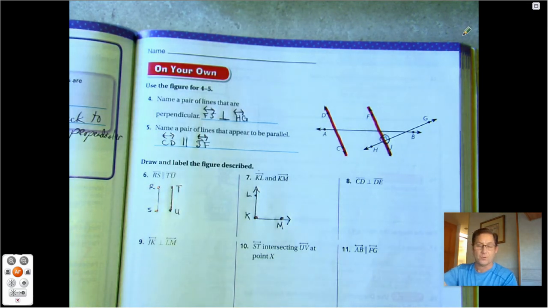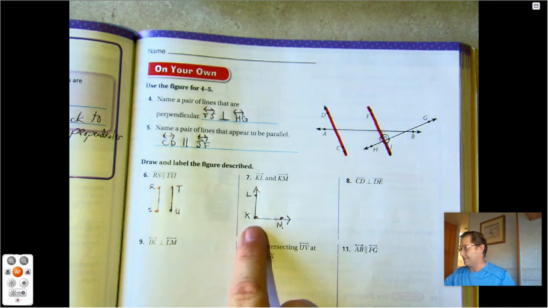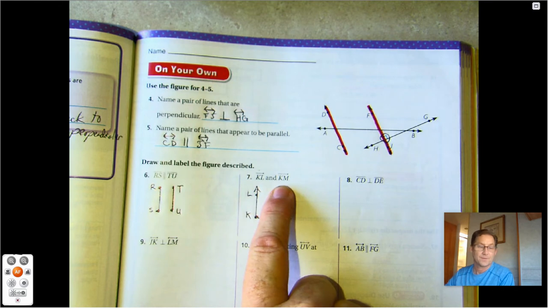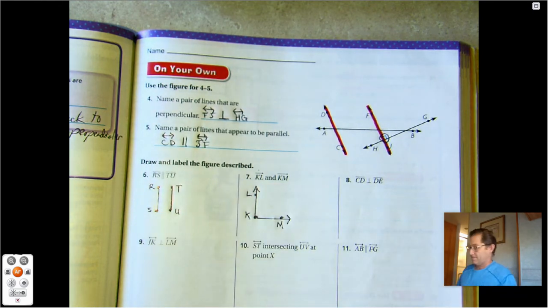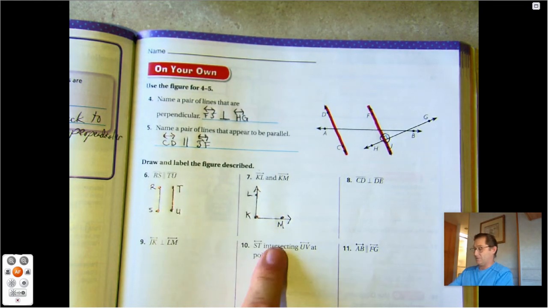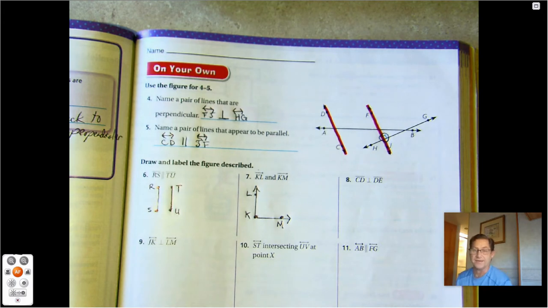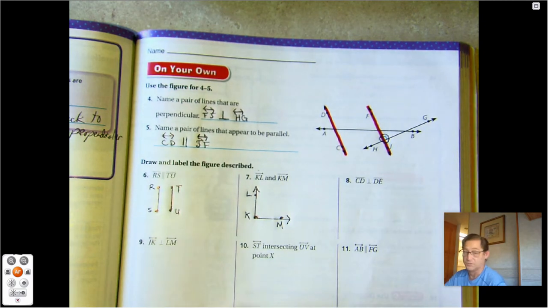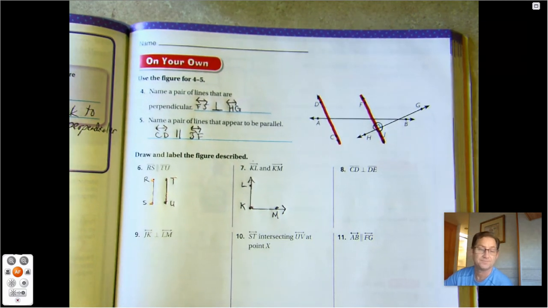Okay, how do I know that? Well, because the K is the endpoint of both these rays. It doesn't have to be a right angle. That's just what I drew. It could be any angle. Okay, it doesn't show us that it's perpendicular, but also doesn't say it's not perpendicular.